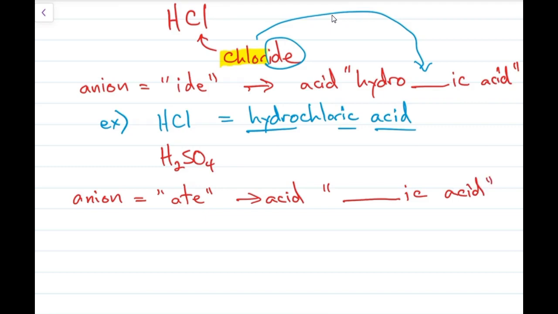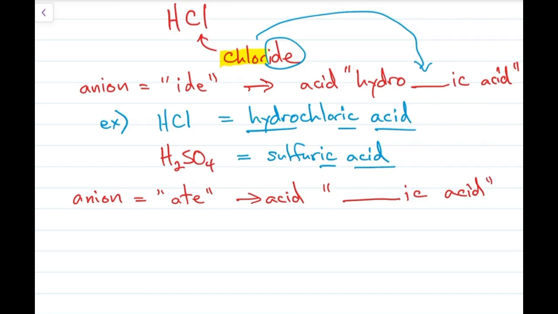So the only change is no hydro prefix. So it's not hydrosulfuric acid. H2SO4 is simply sulfuric acid. So again, just the ic instead of the ate, and of course we always end with the word acid.